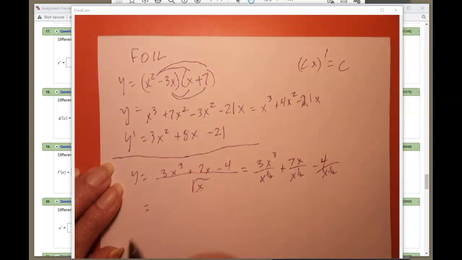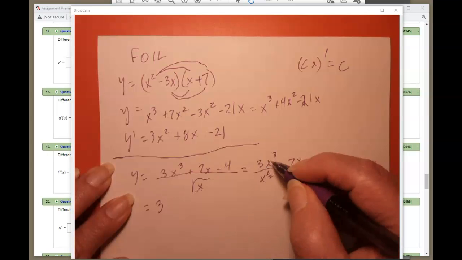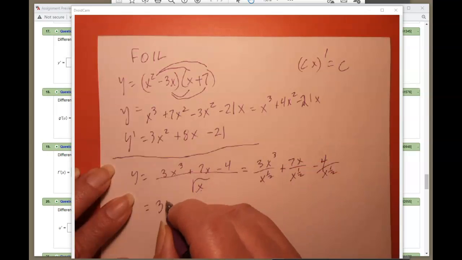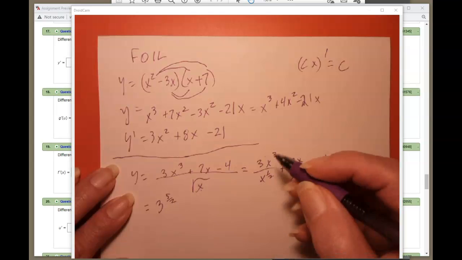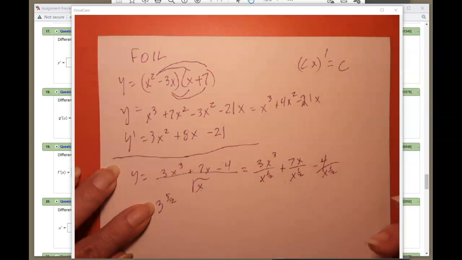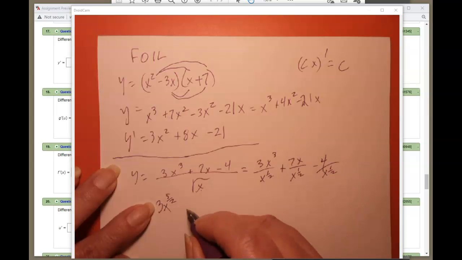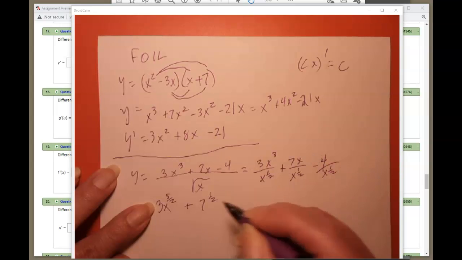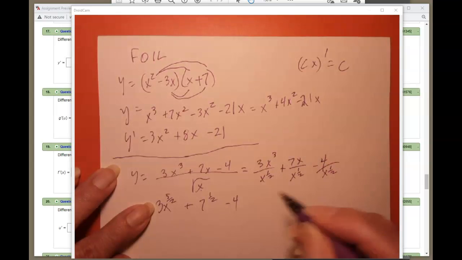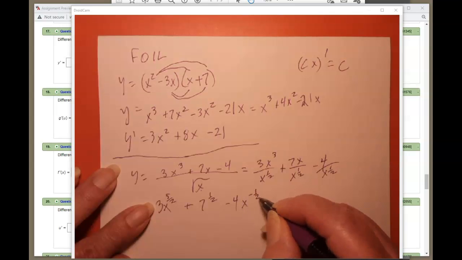And that means that this is, I'm just rewriting, not taking the derivative, 3x to the 3 minus 1/2, it gives me 5 halves. 3 times 2 is 6. Now pick up your calculator if you need to. I might need to. And that needs an x in there. And this will be 7. x to the 1 minus 1/2 gives me 1/2. And then minus 4. This is in the denominator, so I can bring it out. This is x to the negative 1/2.